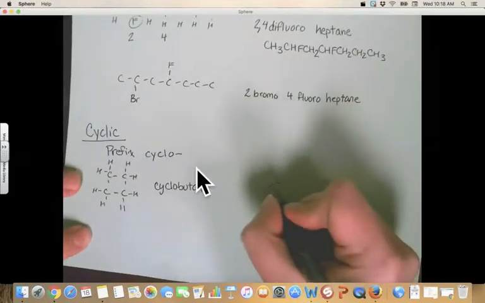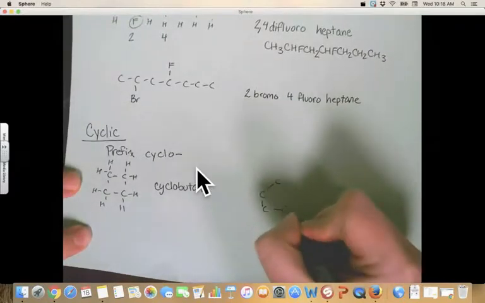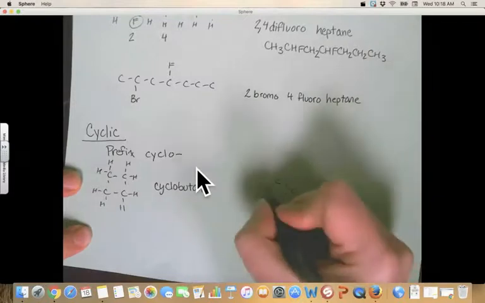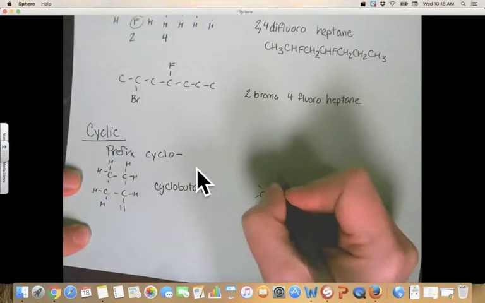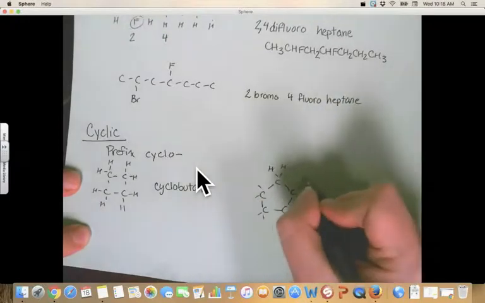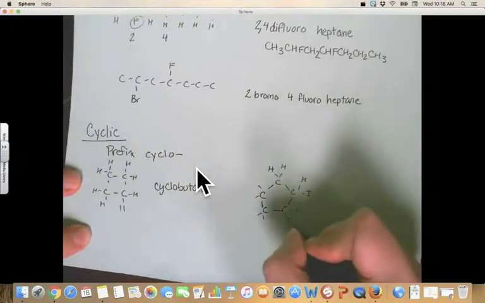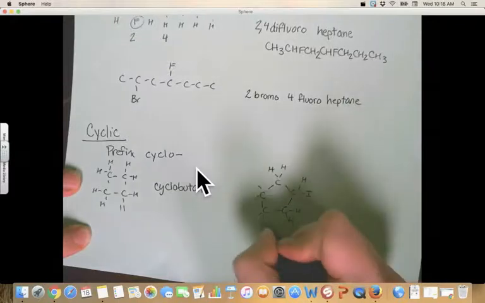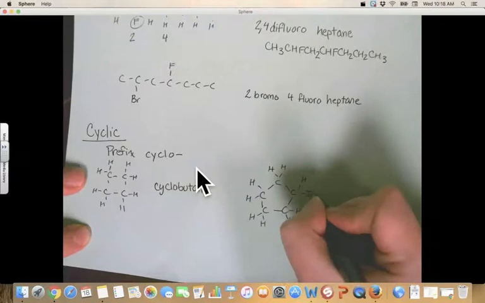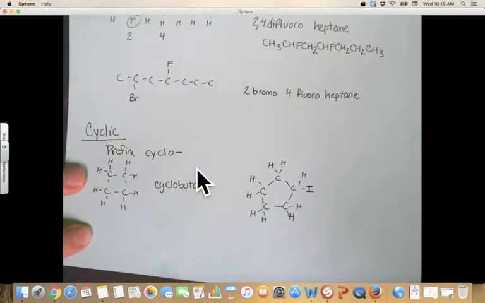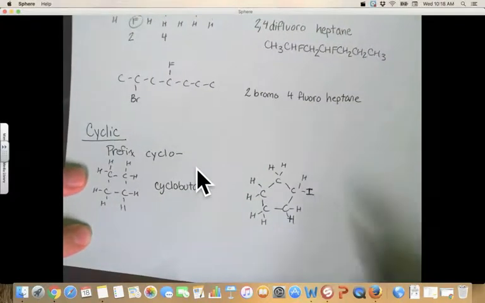Now, what if there's a functional group on there? Let's say we have, remember, carbon always bonds 4 times. Okay, so notice we've got a bunch of hydrogens and we've got 1 iodine.